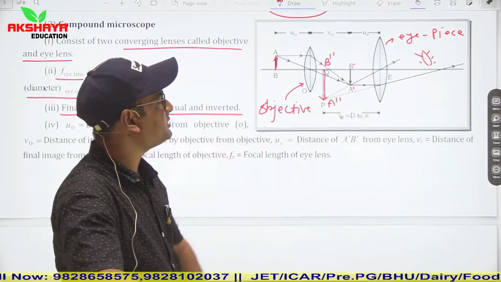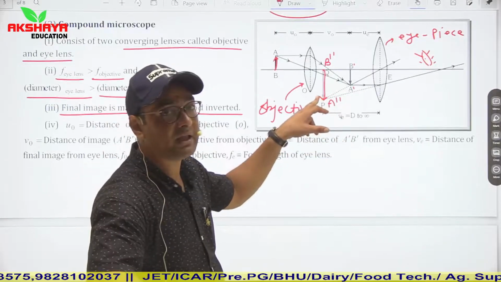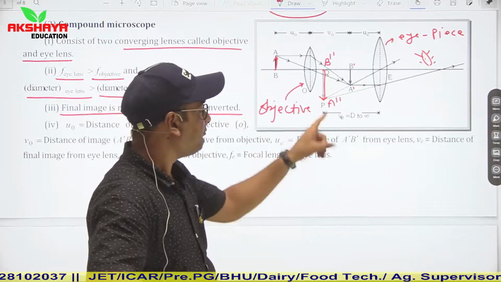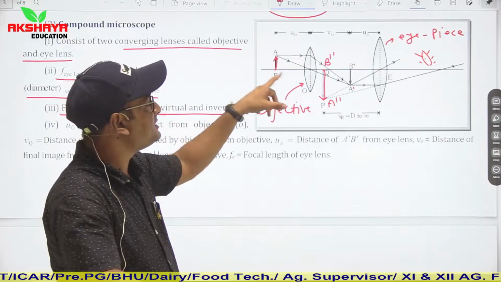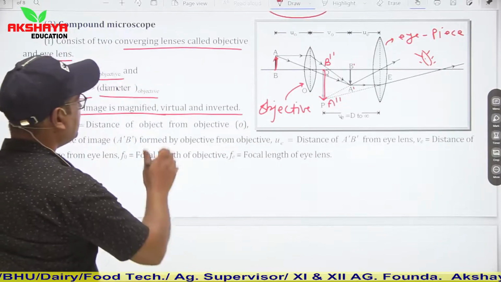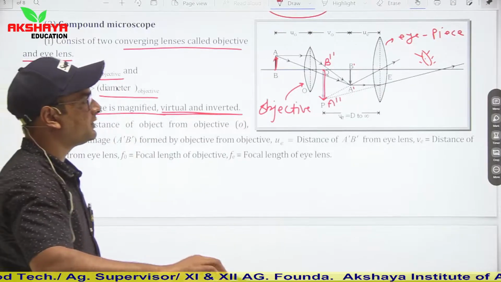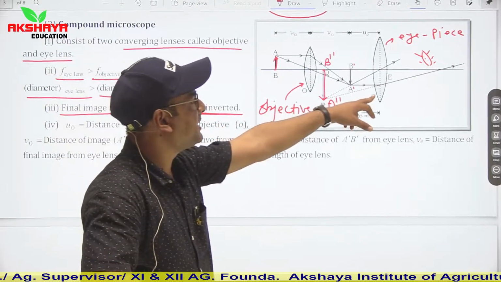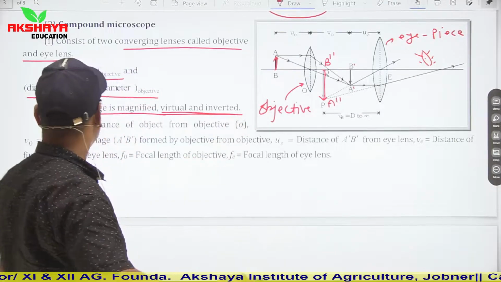If we talk about this image with respect to the eyepiece, then this image is virtual, erect and enlarged. But with respect to our main object, this image is real, inverted and enlarged. So it is magnified, virtual and inverted: virtual with respect to the eyepiece, inverted with respect to the main object.